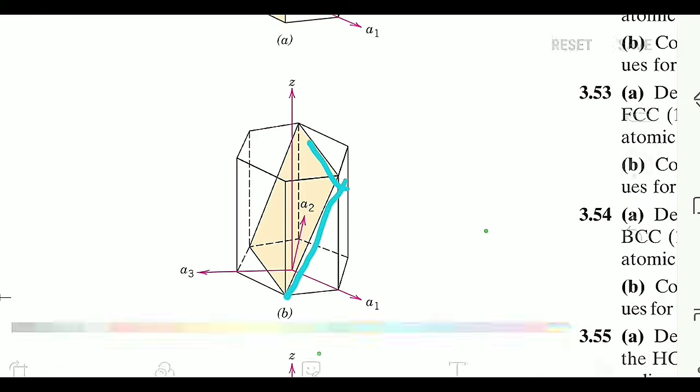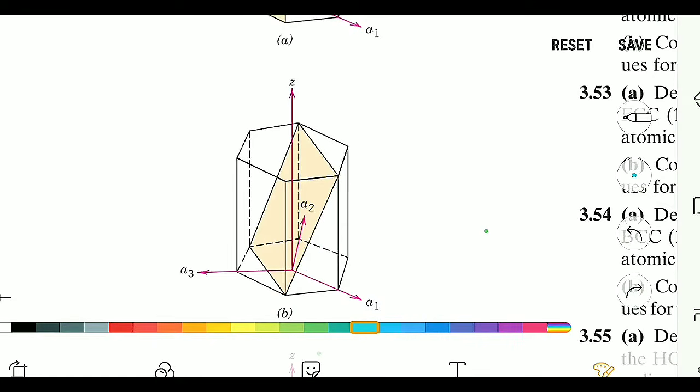This plane is away from the positive a1 axis. But this is one of the corners, and the corner just opposite to that a1 axis is this one, the negative a1 axis, and the plane is intersecting it right there.